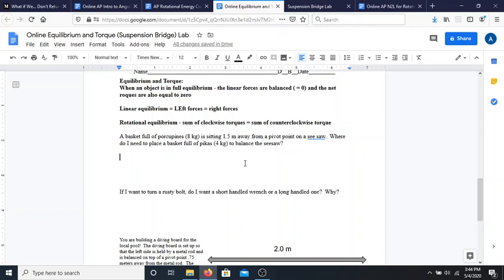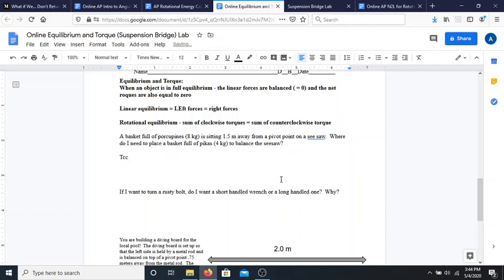All right. So in this case, depending on how you set it up, if I have a basket full of porcupines, they're 1.5 meters away. Let's say that the way I have it set up, they're on the left side of the pivot. All right. That means they're going to produce a counterclockwise torque because they're going to want to cause the seesaw to kind of fall down to the left.